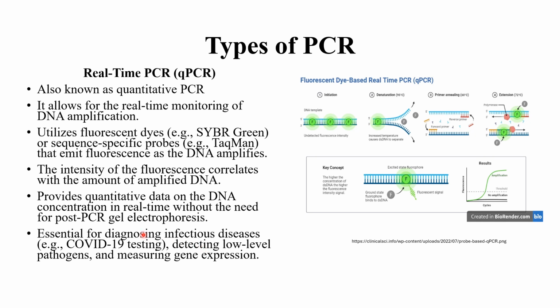So real-time PCR provides quantitative data on the DNA concentration in real time without the need of a post-PCR gel electrophoresis. This one was very important in the detection of COVID-19, even detecting low-level pathogens or measuring gene expression.